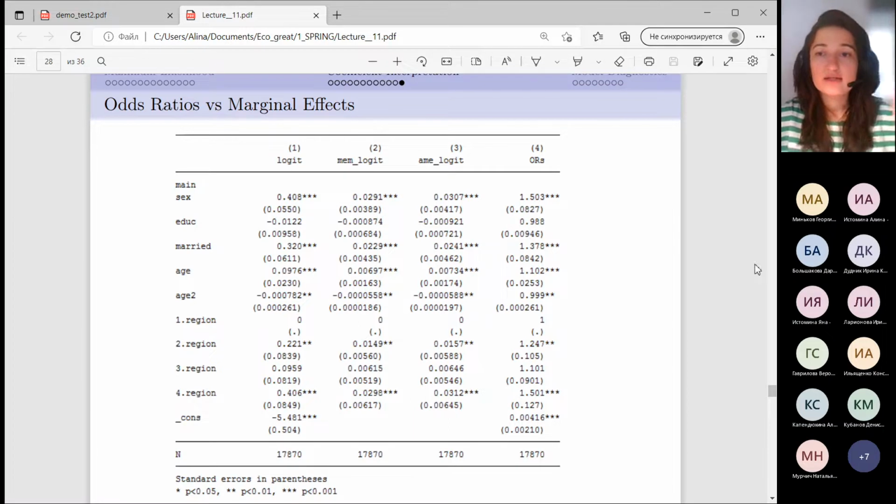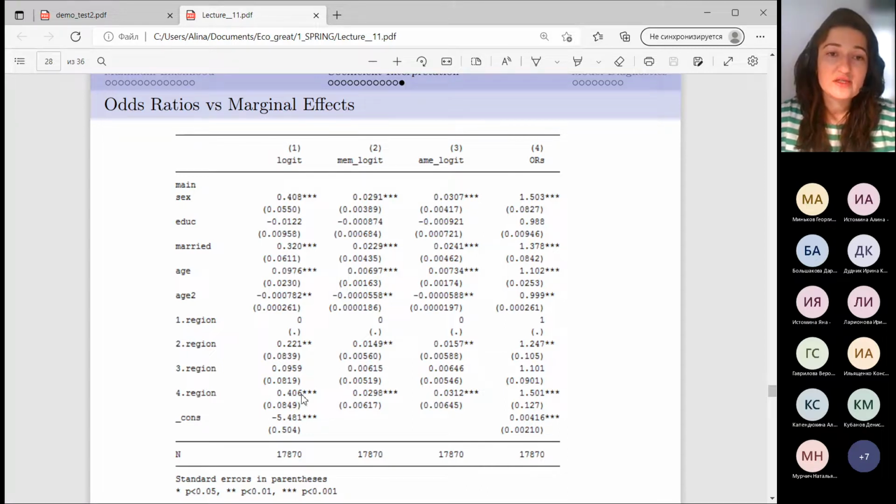And now let's compare the results, okay? What can you see? That the sign and statistical significance are the same in all columns.